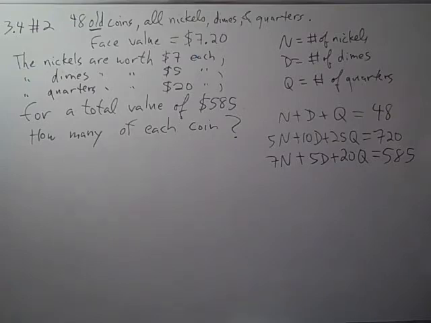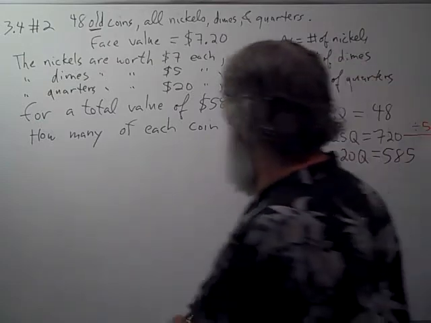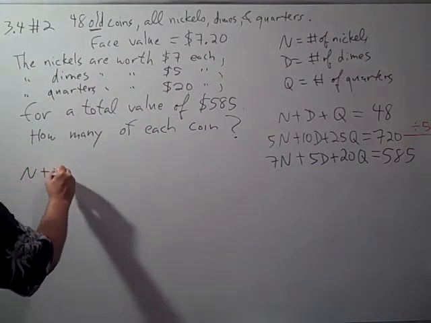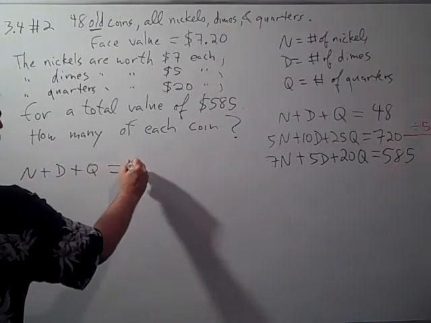I would like to first do something to make these numbers smaller. So I'm going to divide the second equation, everything, by 5. I'm going to copy all these equations over again. N plus D plus Q equals 48.